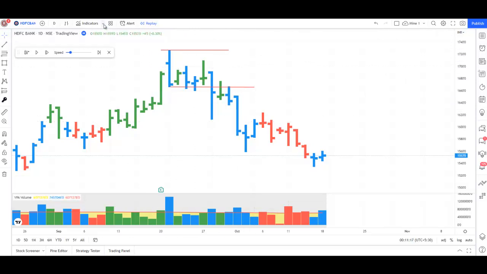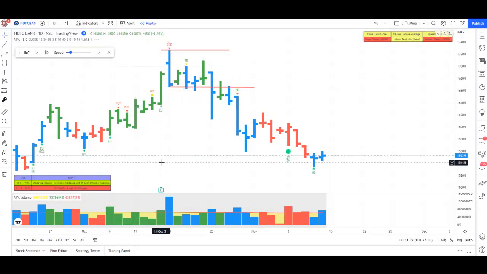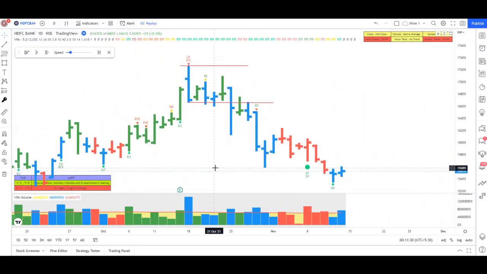Now let me add the VPA 5.0. As you can clearly see, the VPA indicates that it is an upthrust bar.